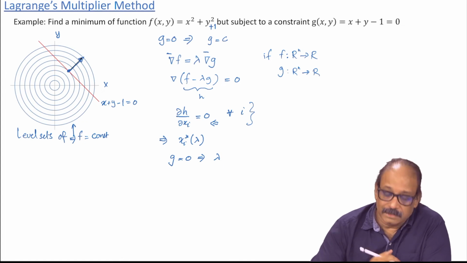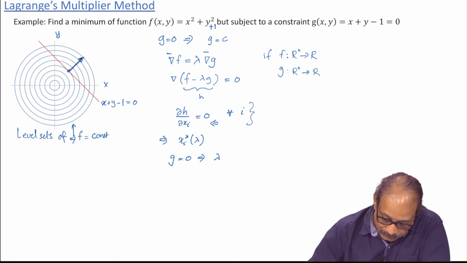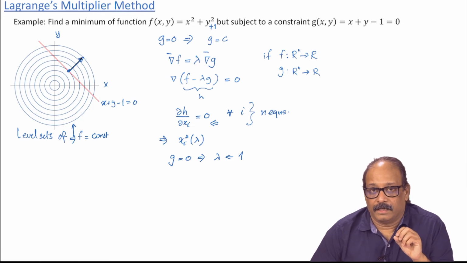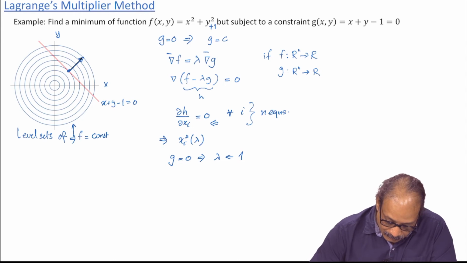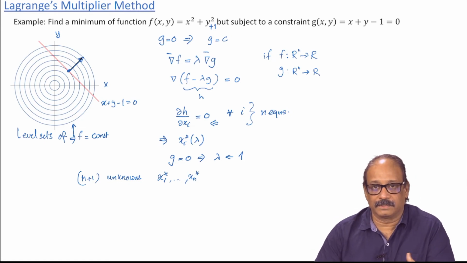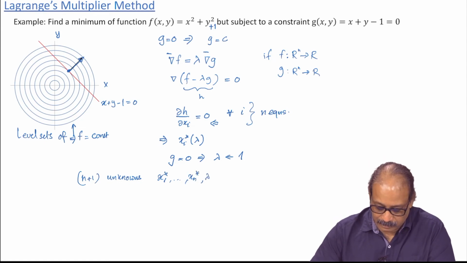But now in this problem I have n equations here and one more equation here. So, in principle the price that we pay is we have n plus 1 unknowns, which are x1 star to xn star, which is what we have to determine, and we also have to determine lambda.